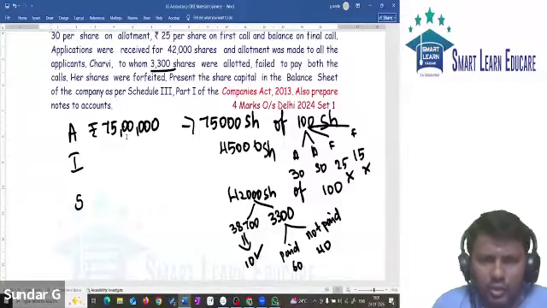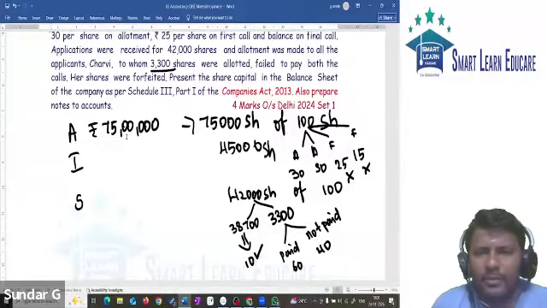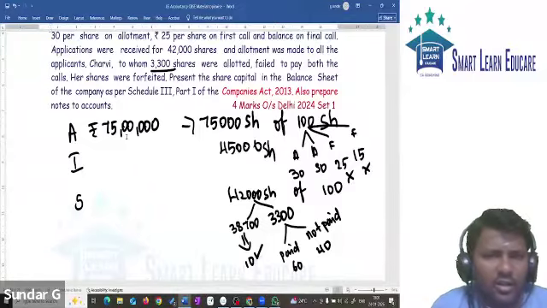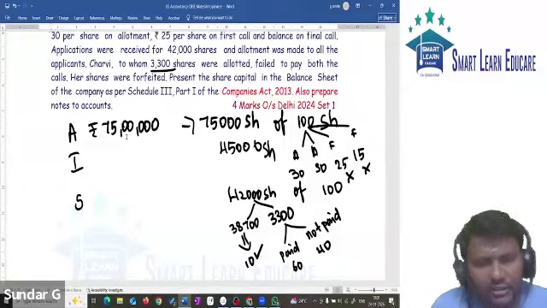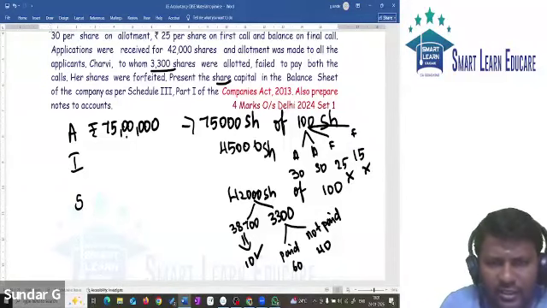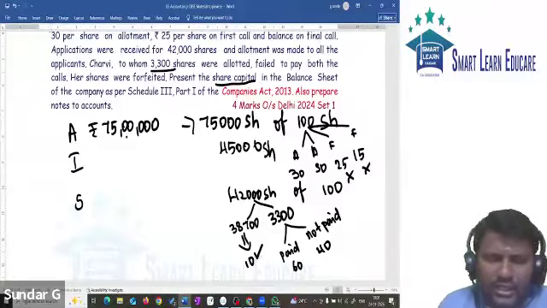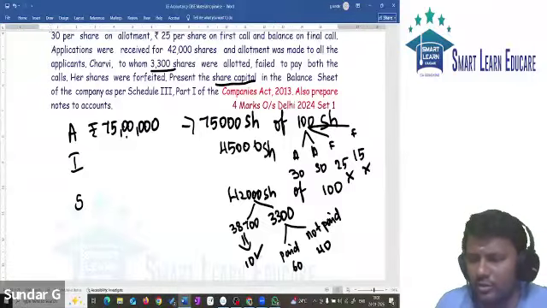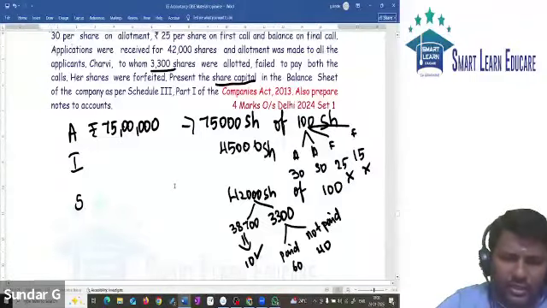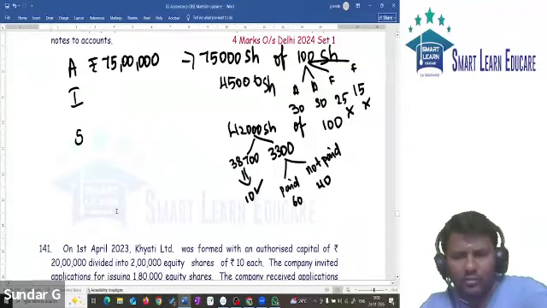So in the question you should only prepare the balance sheet. Even a full-fledged balance sheet they didn't ask. They asked only to present the share capital notes to accounts. First, look at how to present it in the question.